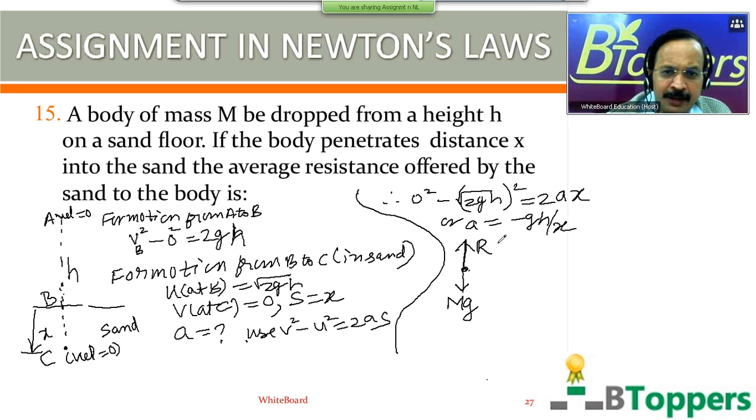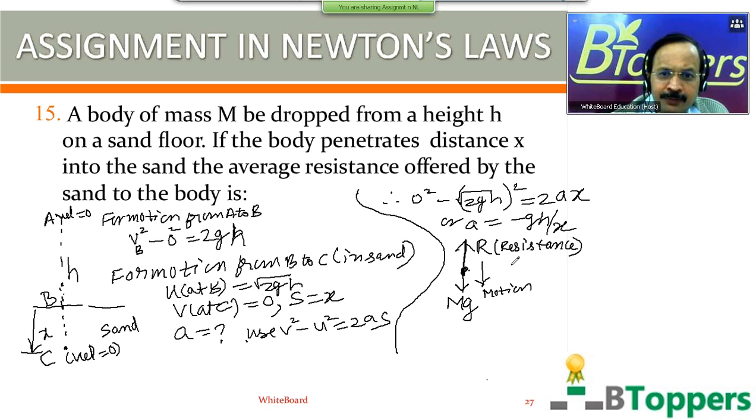Let R denote the magnitude of the retarding force or opposing force exerted by the sand, which we sometimes call resistance. So this is the free body diagram for the body during motion inside the sand. There are 2 forces in opposite directions. We are choosing the downward direction, the direction of the motion, as the positive direction.